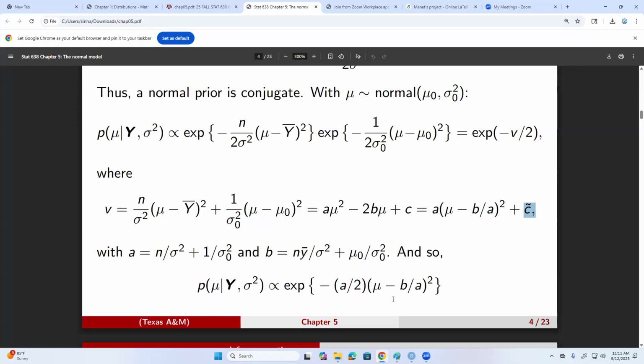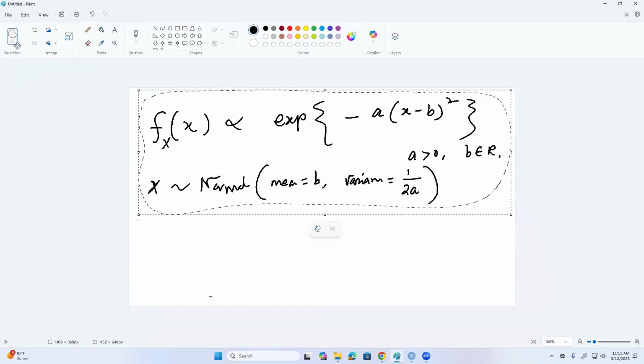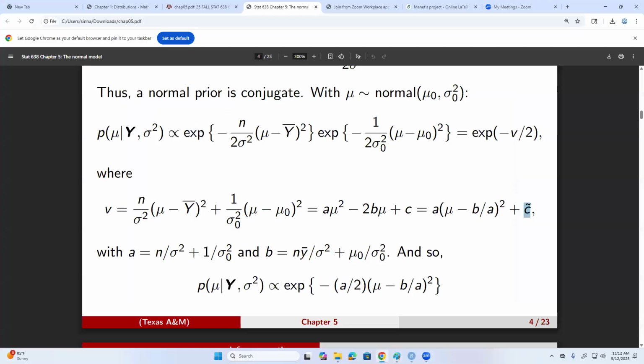So V is equal to n over sigma square times (mu minus Y bar) square, and the other term is 1 over sigma 0 square times (mu minus mu 0) square.